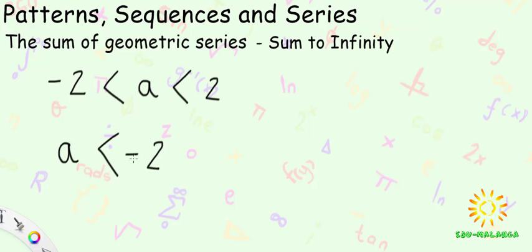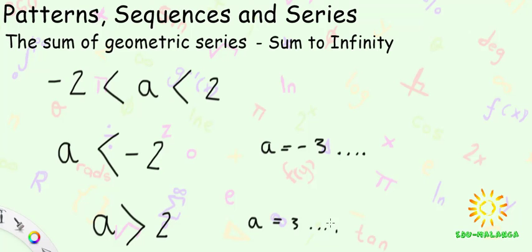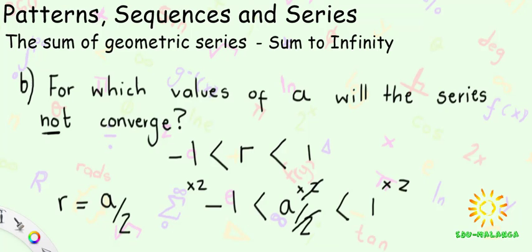When a is less than negative 2, for example, a is equal to negative 3, going on and on, the series is not going to converge. And when you have a bigger than positive 2, so when your a is equal to 3 and going on and on, these are the conditions under which your series is not going to converge.